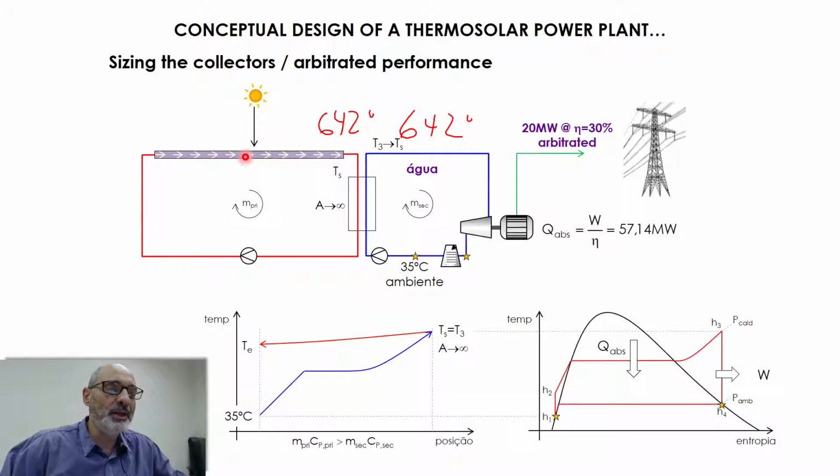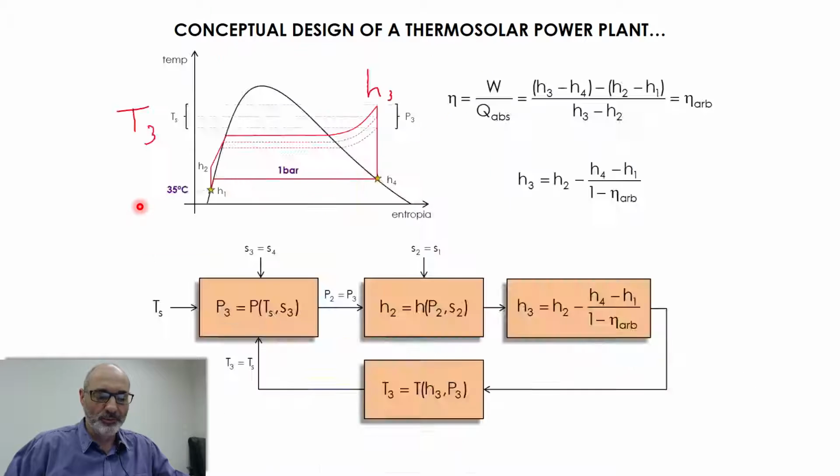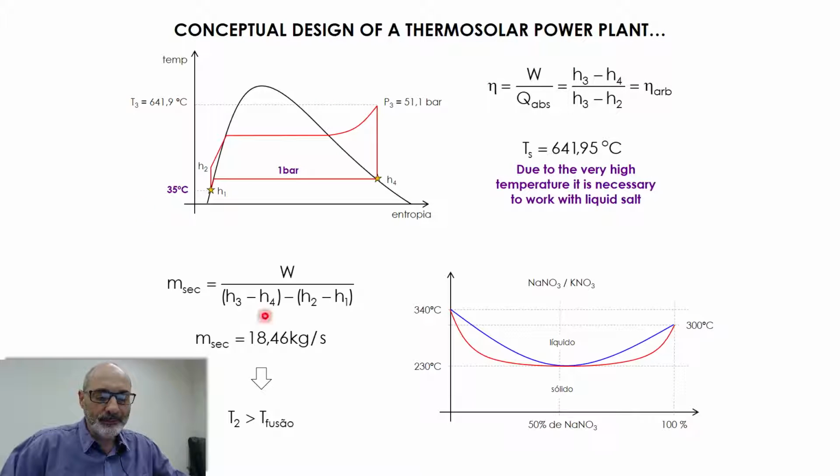So one problem of this solution is that our working fluid solidifies. And as I mentioned, if it solidifies, it's going to block the pipeline. So I cannot afford to have a lower temperature at this leg, below the solidification temperature. This means it's better to work with this concentration, 50%, 50%, because that's the lowest solidification temperature.